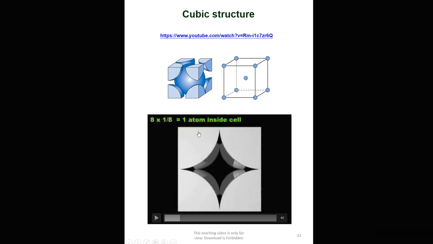The corner atoms each contribute only 1/8. So totally we have 8 atoms, and the real occupied atoms is 1 from the summation of all the space of the atoms: 1 atom inside the unit cell.